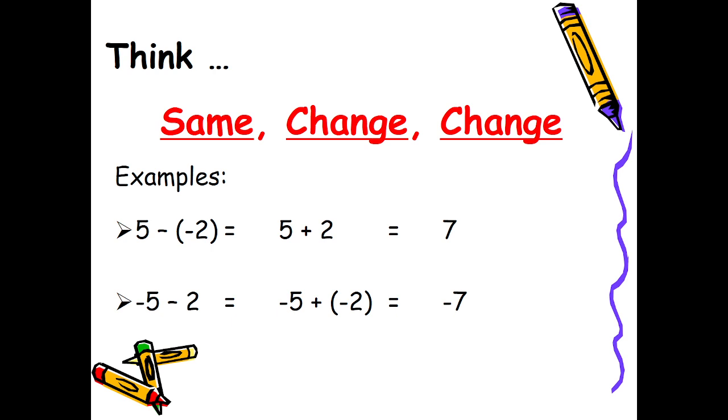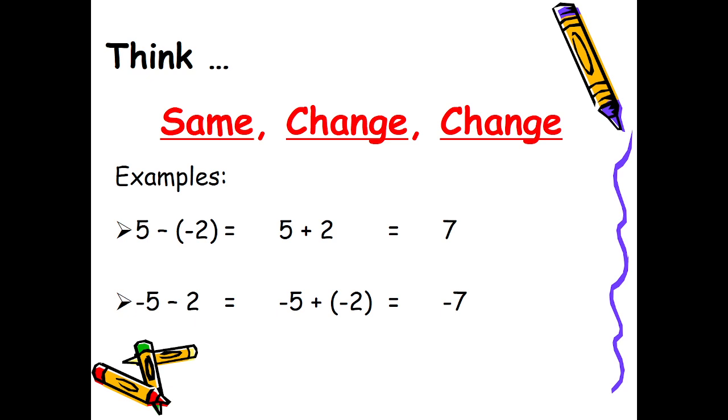Let us take some examples. Our first example, we have here 5 minus negative 2. So going back to our keywords for our steps, the first step is the keyword same, meaning we just need to keep the first number. In this case, the first number is 5. The next keyword for step 2 is change. So from minus, we change it into plus. So we have 5 plus. And the third keyword is change again.